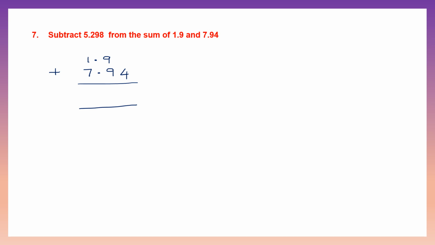So let's do the addition. So let's make them like decimals. 0 plus 4 is 4. 9 plus 9 is 18. Carry 1. 1 plus 1 is 2. 2 plus 7 is 9. So we've got 9.84. Let's write that down. 9.84. And from this we have to subtract this number. That is 5.298. So subtract this.